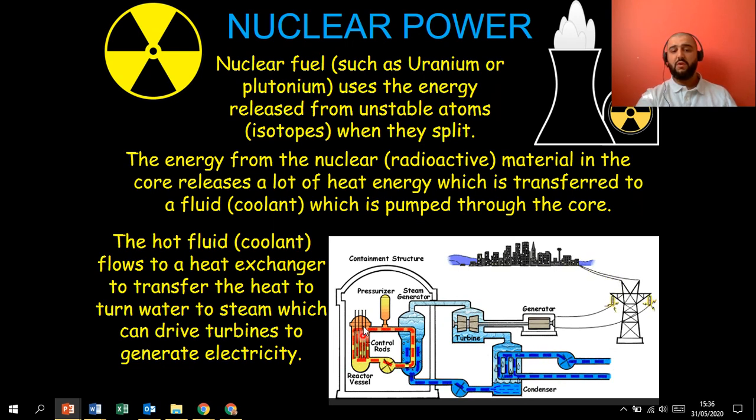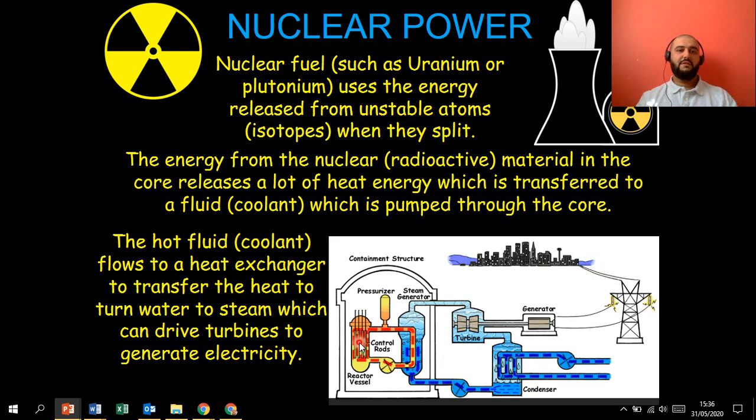The control rods are required to control the rate of the radioactive decay, because if that isn't controlled, then you have blowouts where the system reaches critical temperature and causes disasters like we had in Chernobyl.